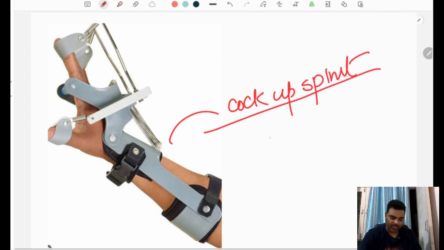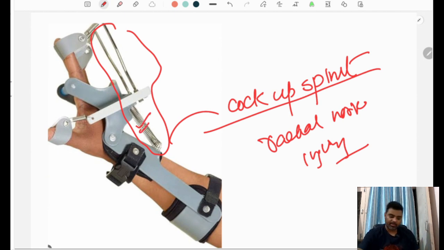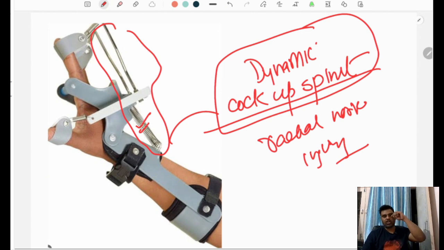This is used in radial nerve injury. You see, this is a frame. Now you can release it or you can tighten it. So this is actually a dynamic cock-up splint. In NICT, this has been asked. The dynamic cock-up splint is used in radial nerve injury.